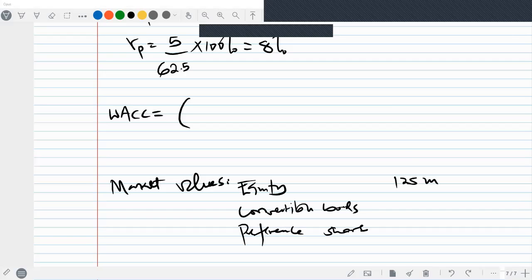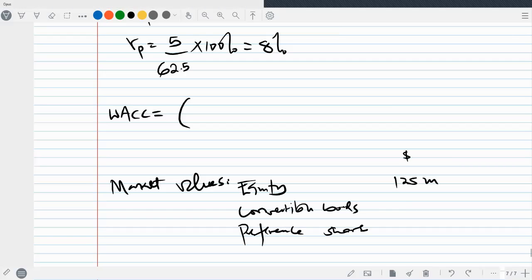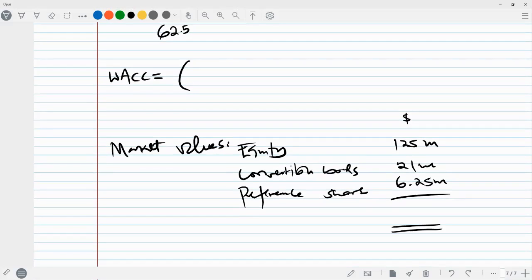Convertible bonds market value 21 million. Preference shares market value 6.25 million. Total will give us how much? The total of the three capital sources is 152.25 million, the market value from those sources.